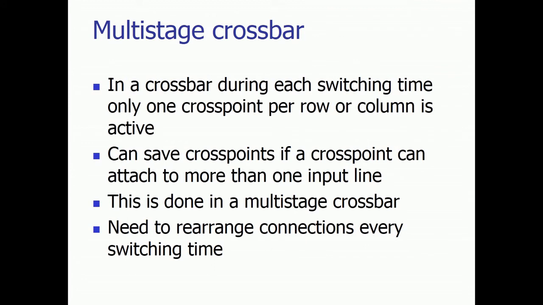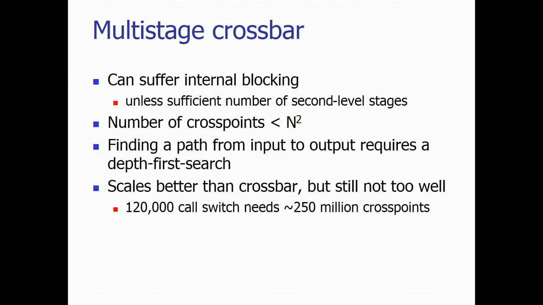Multi-stage crossbar. In a crossbar, during each switching time, only one cross point per row or column is active. A multi-stage crossbar can save cross points if a cross point can attach to more than one input line. This is done in a multi-stage crossbar, and it needs to rearrange connections every switching time. A multi-stage crossbar can suffer internal blocking.